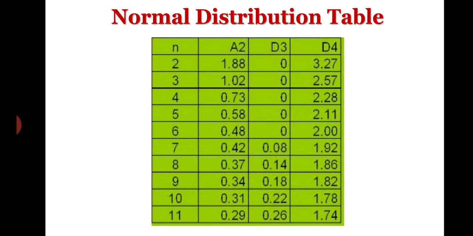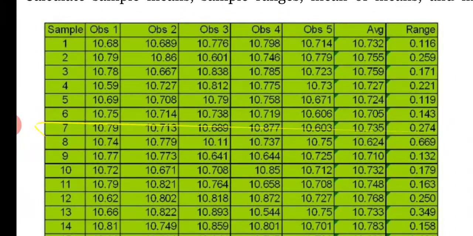So I am extending my table on the right side with a new column showing X bar, and one more, the range, that is the maximum value in that sample minus the minimum value.